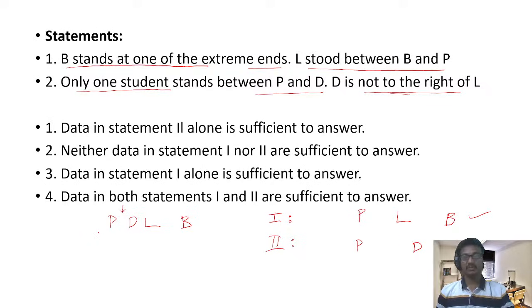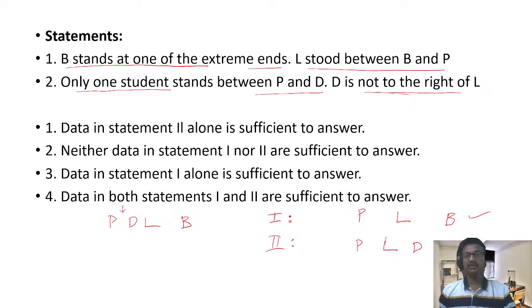D is not to the left of L. D is not to the left of L is what it says. So obviously D should be to the right of L. So L should come here, not here.